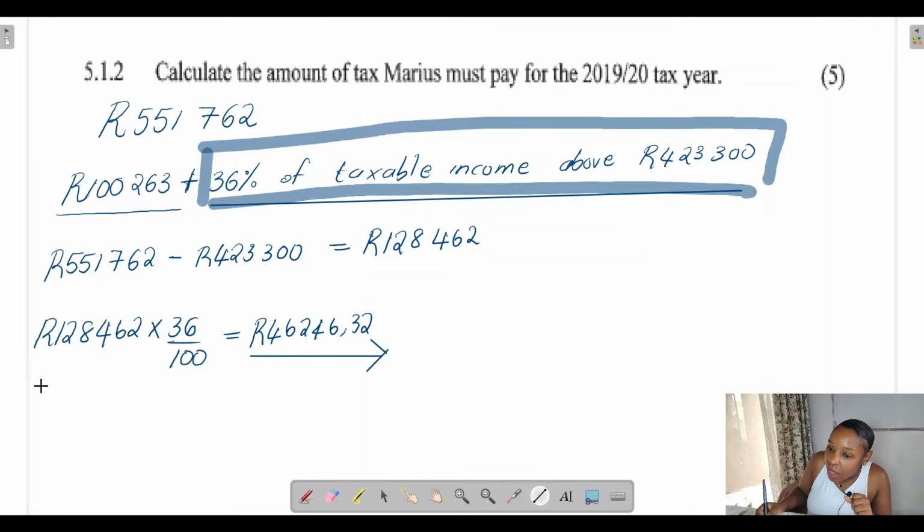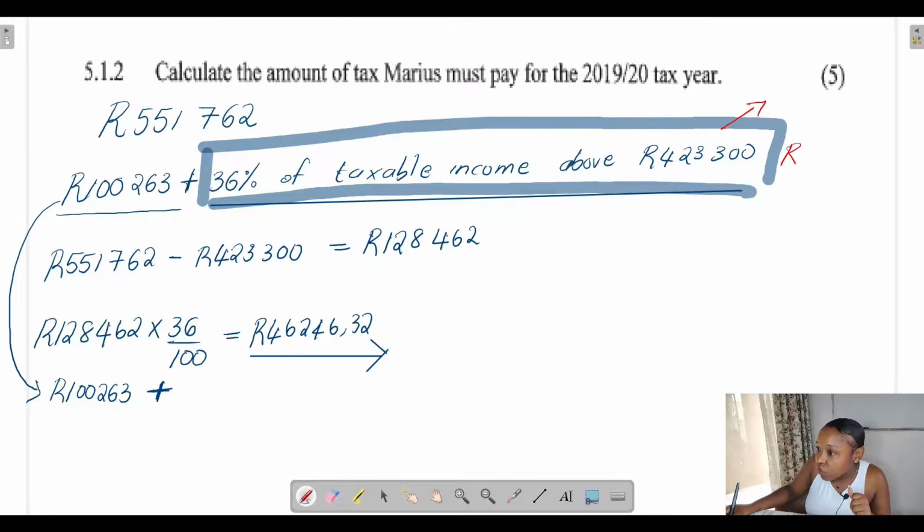So now to calculate the total tax that he paid, we will just take that 100,263 and add it to the 36%, and we found that the 36% of the taxable income above 423,300 is 46,246.32.